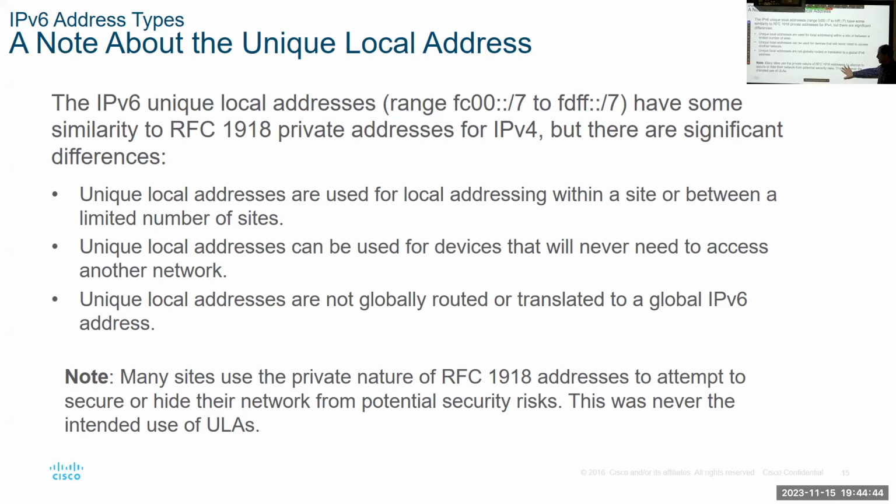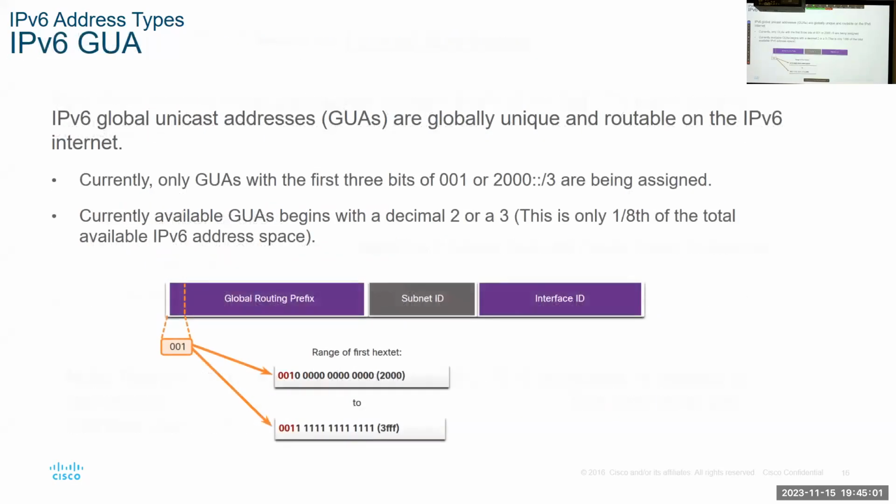That was not the intention. You don't do it that way because that's not the purpose of IPv6. You want to have end-to-end communication, public address to public address. But people still might do that.